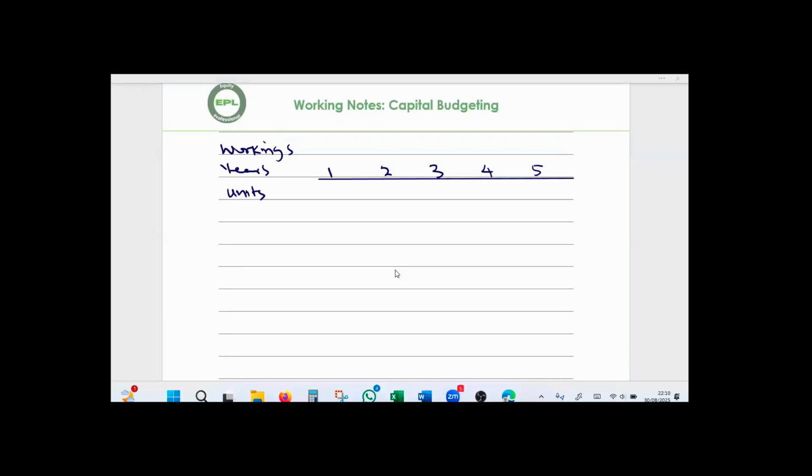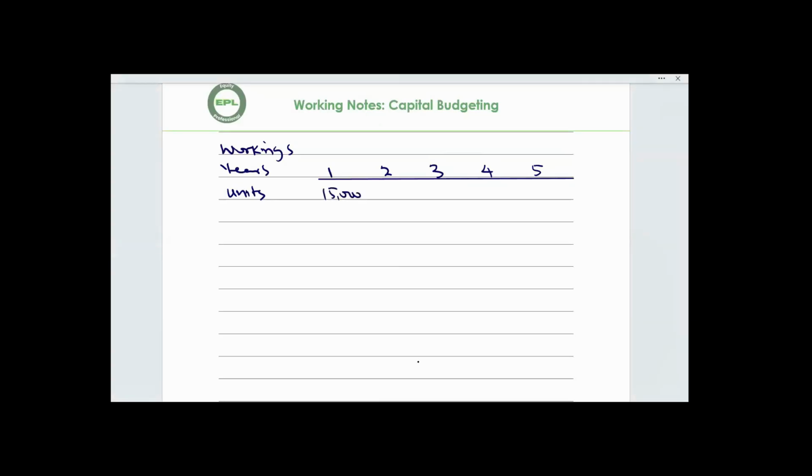The first thing I will do is to state the number of years. We have year 1 to 5. Then number of units. Please call the number of units for me. Year 1, how many units do you have? 15,000.